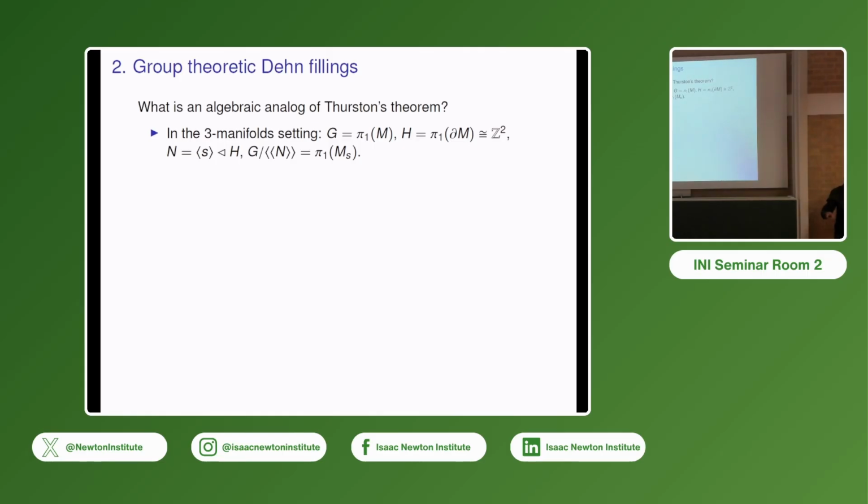What we're doing in the second step of the Dehn filling procedure is killing one of the generators, or it may not be a generator, just an element of infinite order in Z squared. And as a result, we're getting this quotient group, G mod the normal closure of N. And this is the fundamental group of this hyperbolic manifold. Okay.